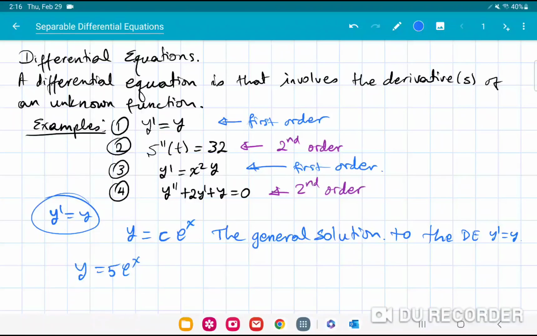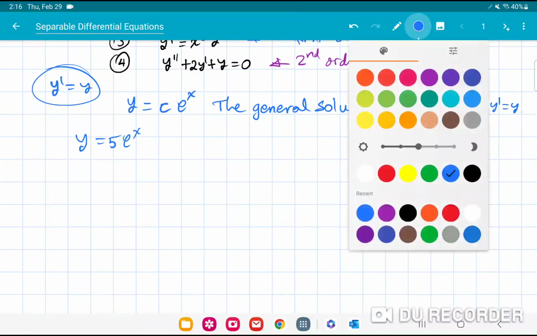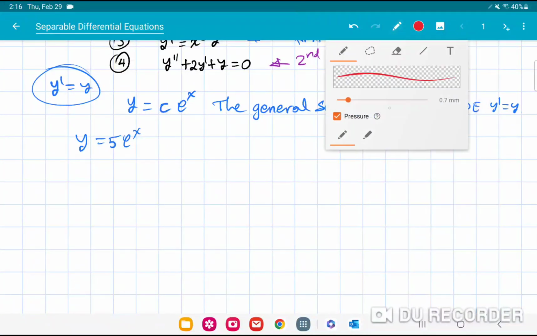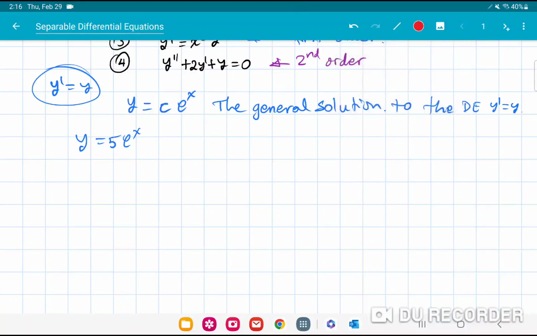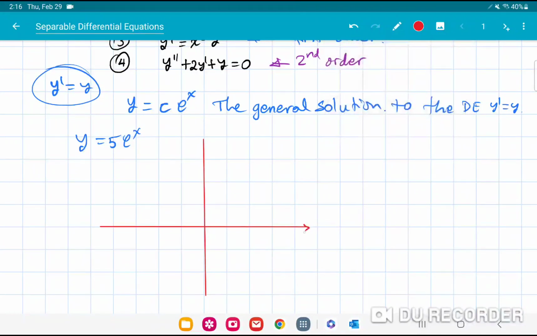So the difference here is this one is a class of functions. Let me explain this. So if this is your y-axis, let me put some x and y-axis here. Here's your x-axis.